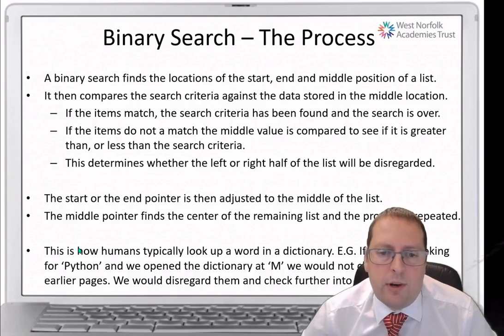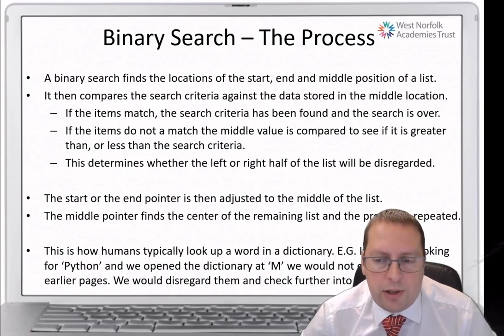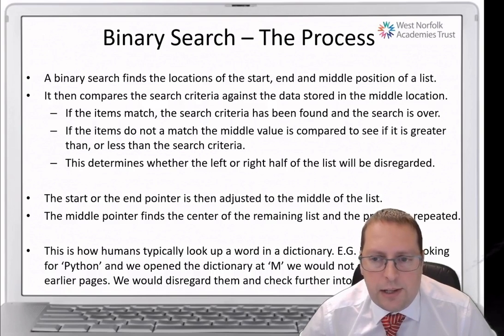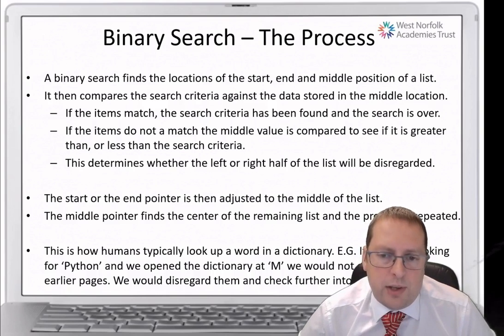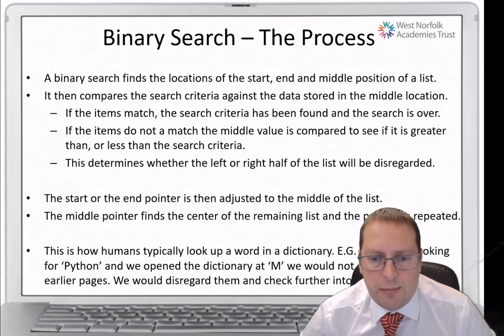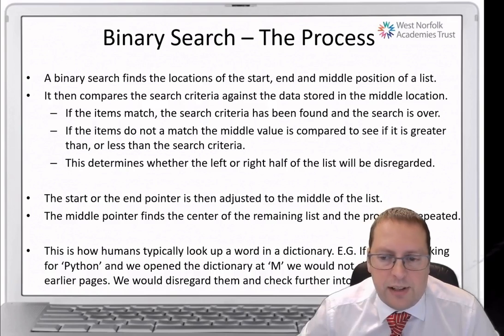Then I'm looking for a number between 50 and 100, so I'd say 75, and they say no, it's bigger. So I'd then say maybe 90 or 92, and they'd say no, it's smaller. So I'd go to 85, and they'd say no, it's smaller. So I'd go to 82, they'd say no, it's smaller. So I'd go to 81, they'd say no, it's smaller. So I'd then say 80.